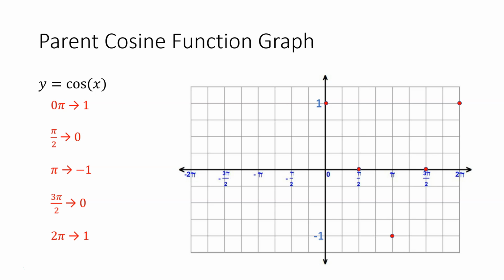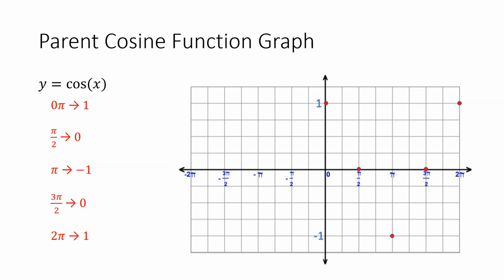Unlike the sine graph, which had 3 x-intercepts, the cosine graph only has 2 x-intercepts from 0 pi all the way up to 2 pi. It has 2 maximum points and 1 minimum point, compared to the sine graph, which has 1 maximum and 1 minimum.